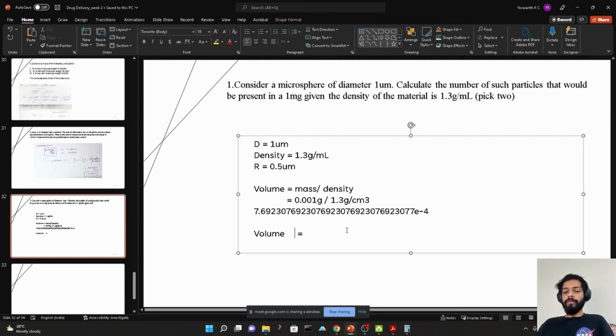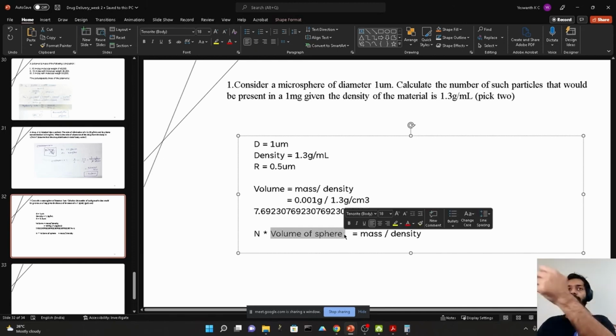Now we know this relationship: N into the volume of a sphere is equal to mass over density. What is N? The number of microspheres. Correct. The volume of a single sphere is 4 by 3 pi r cube.